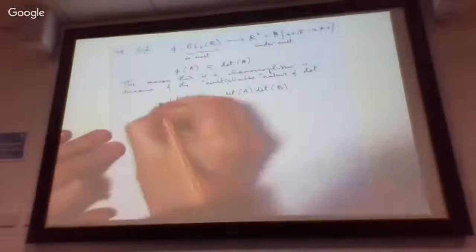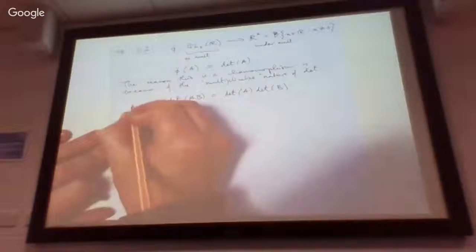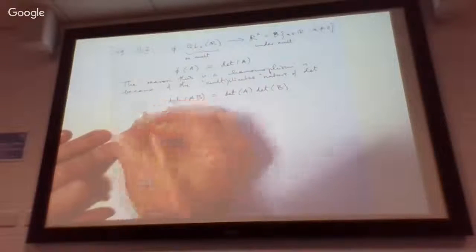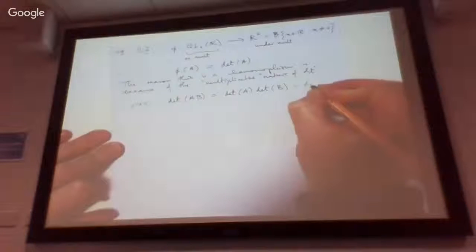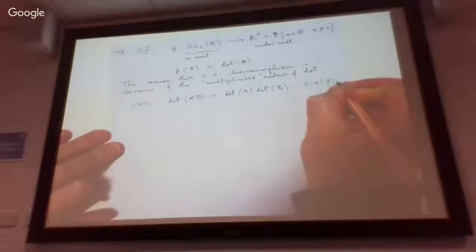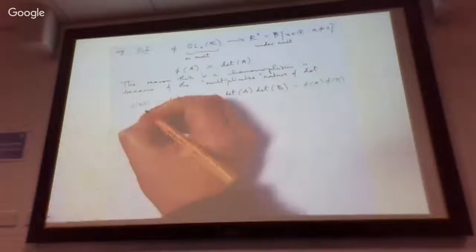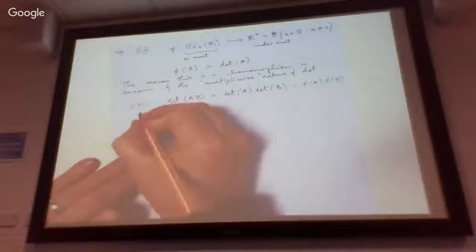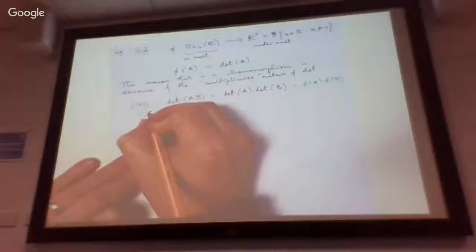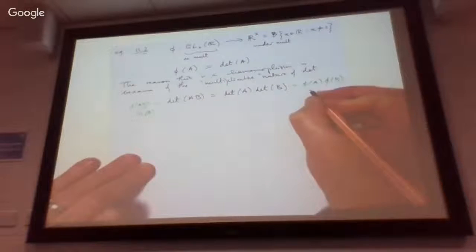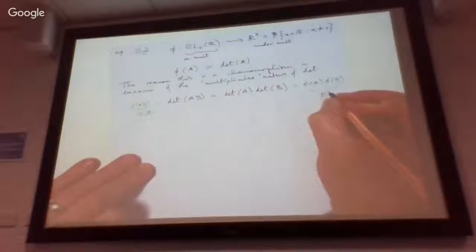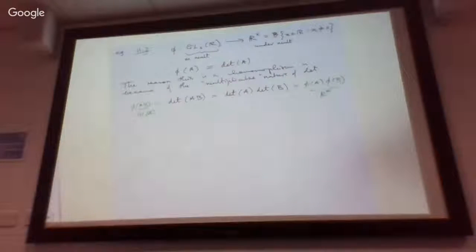So on the left-hand side, you've got phi of A times B, whereas on the right-hand side, you've got phi of A times phi of B. This group operation is taking place in GL2(R), and this group multiplication is taking place in the multiplicative group of real numbers. Okay.